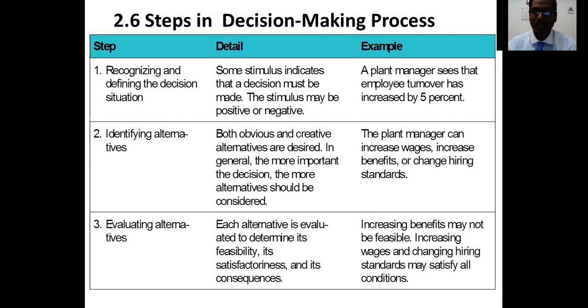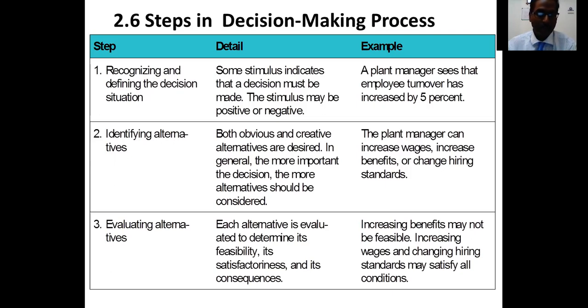This is one example of a benefit. So the second alternative is that they can increase benefits. And then third, change hiring standards. Hiring standard means how they are recruiting the people. That standard which is prevalent in the organization can be changed. So these are the three alternatives the manager identified.